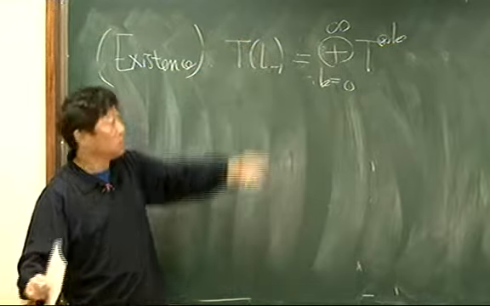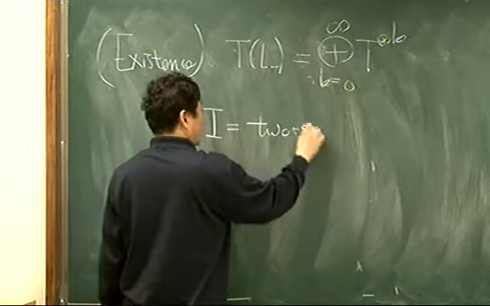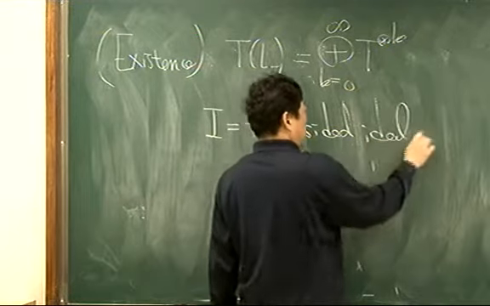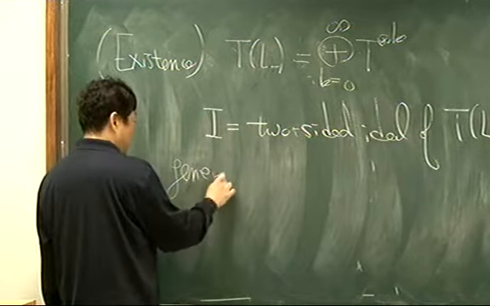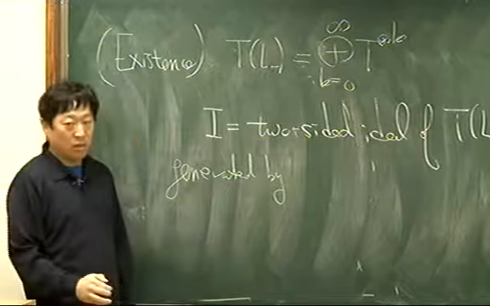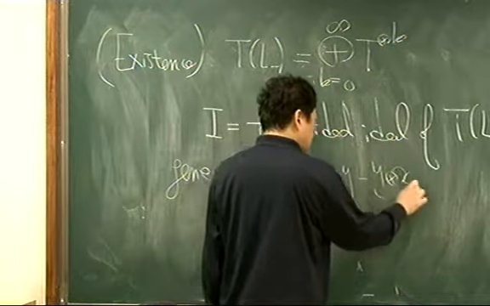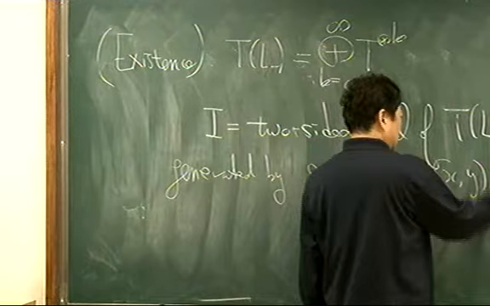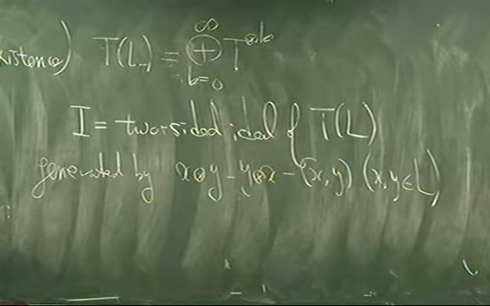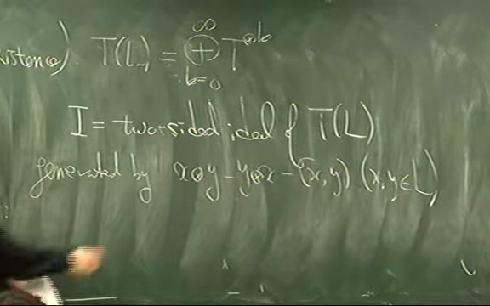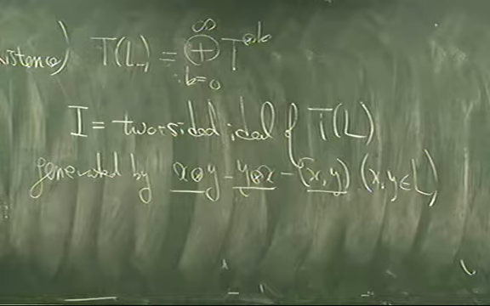And let I be the two-sided ideal of this tensor algebra generated by the following element, which is x tensor y minus y tensor x minus x bracket y for all x, y in L. So these two are degree 2 elements, and this is a degree 1 element in the tensor algebra.